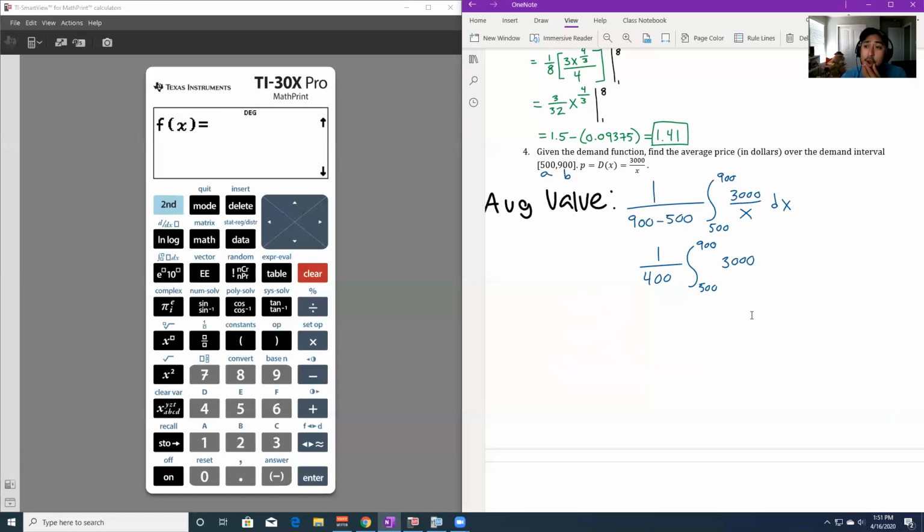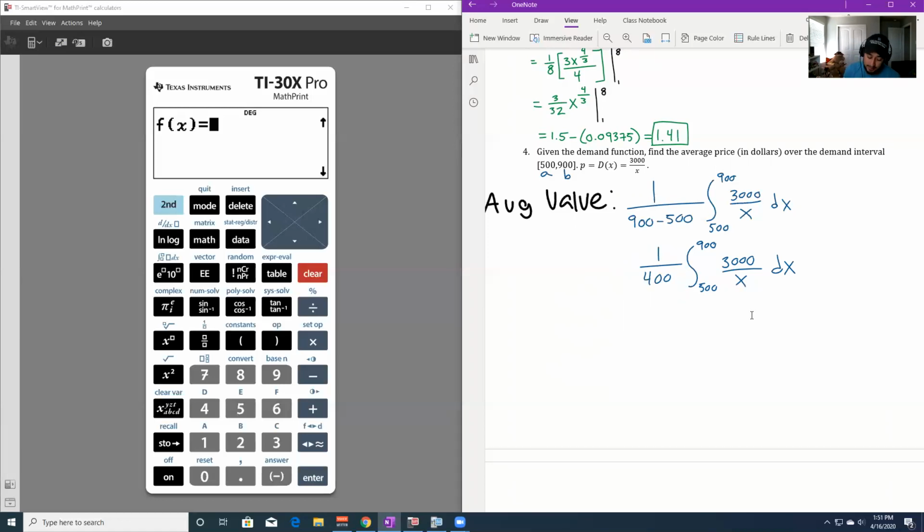So this problem's in my MyMathLab, and it says set up the integral. So what we're going to do here is take this 1 over 400 and multiply it by the 3,000 over x.